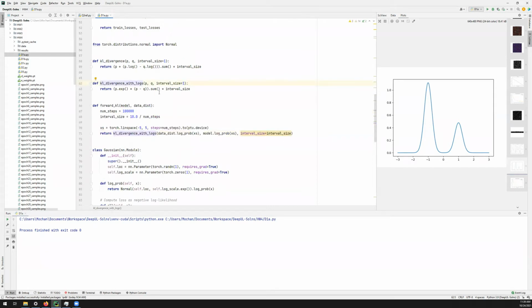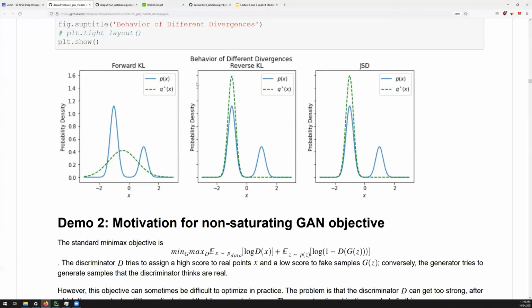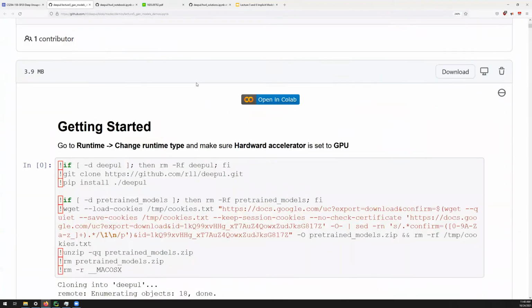KL divergence is just the standard expectation of the log of p divided by q, log p over q. This is all in logs, and they can do it as p minus q.